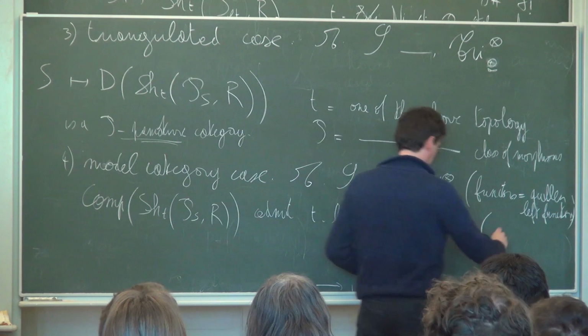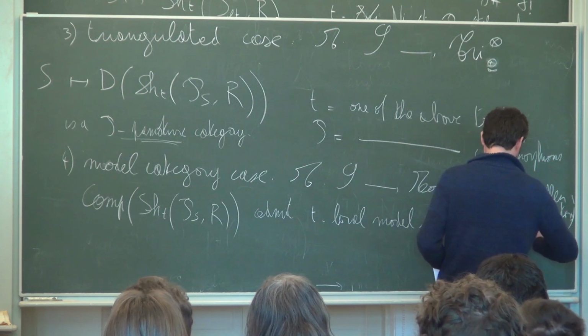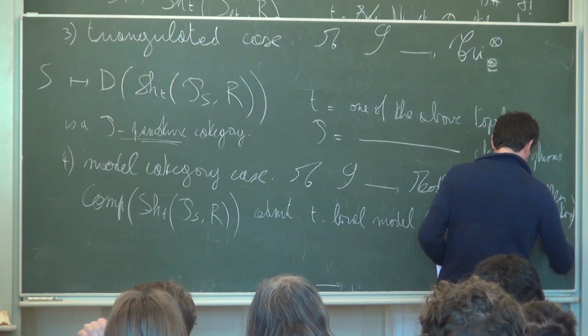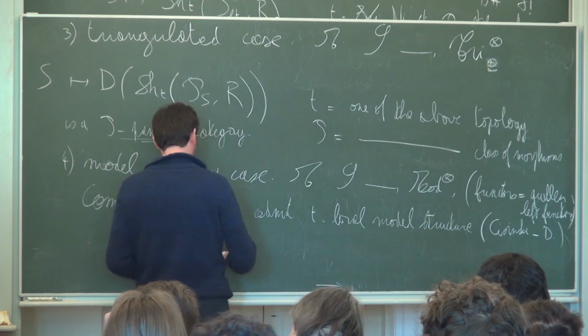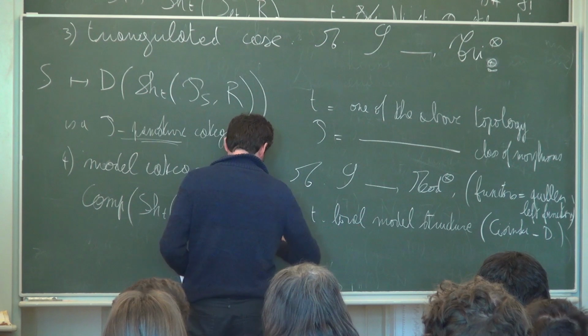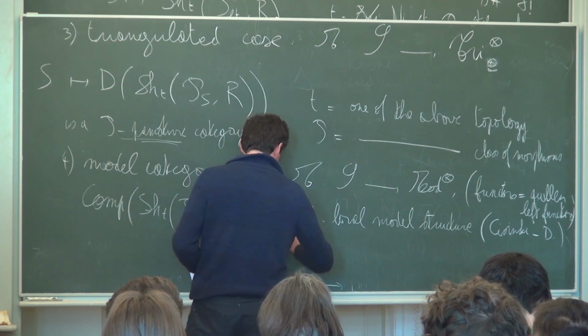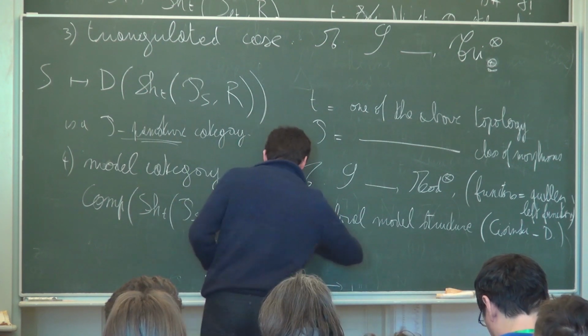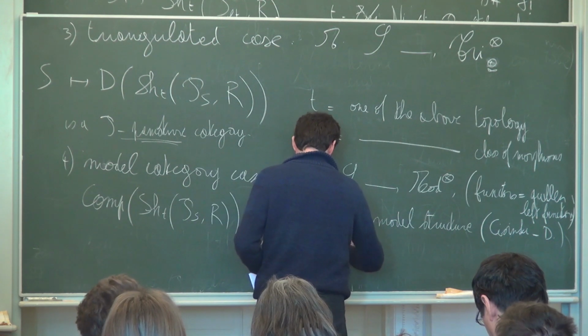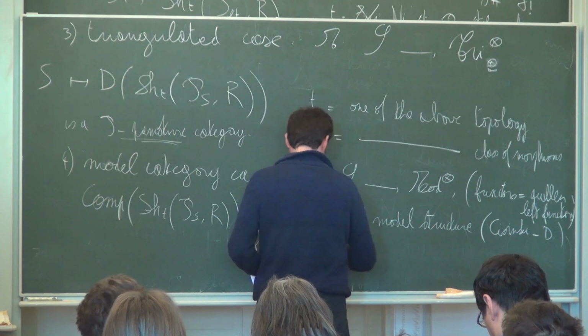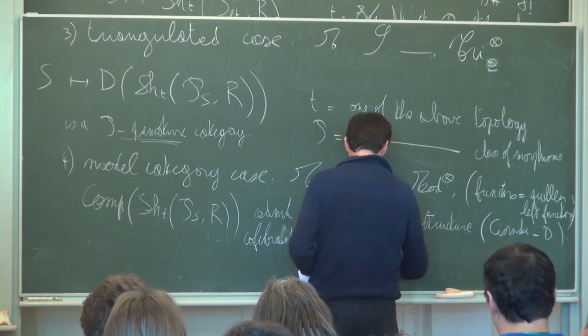We have defined that with Cisinski and myself, but this is all Cisinski. Just to describe it rapidly, the cofibrations or cofibrant objects are given by representable sheaves.